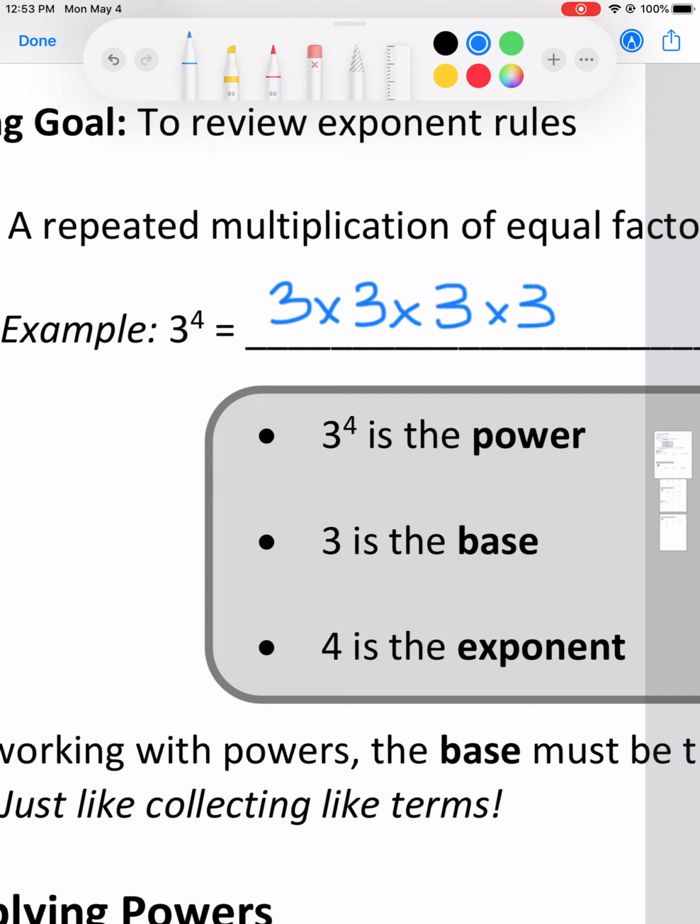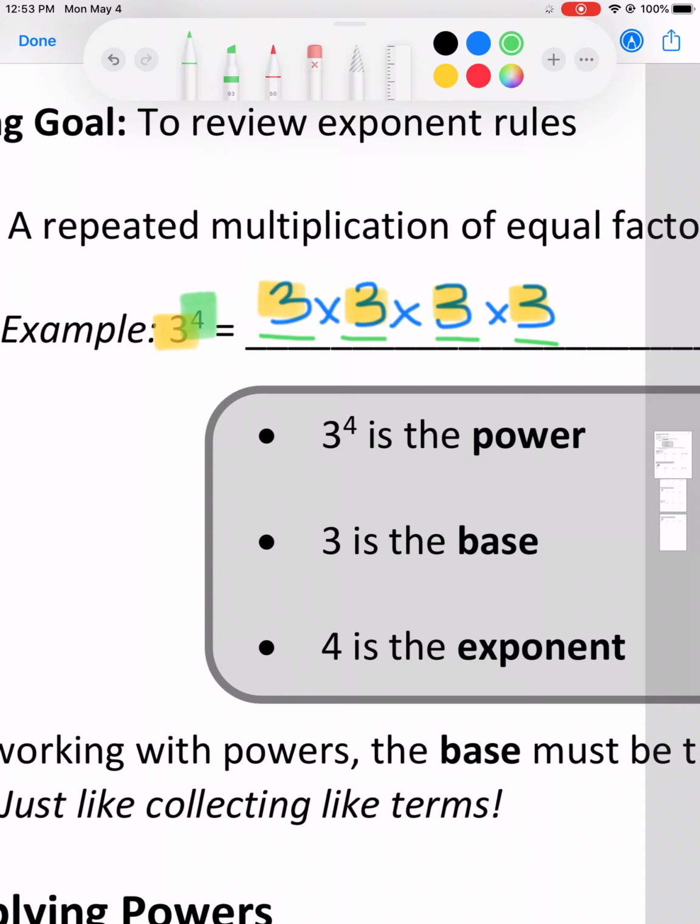Because here's our 3, which I wrote there, and then to the power 4 is 4 times: 1, 2, 3, 4.